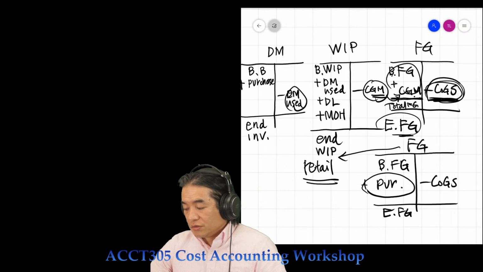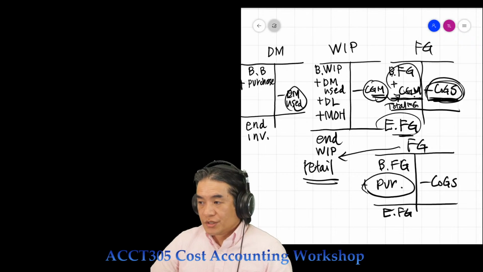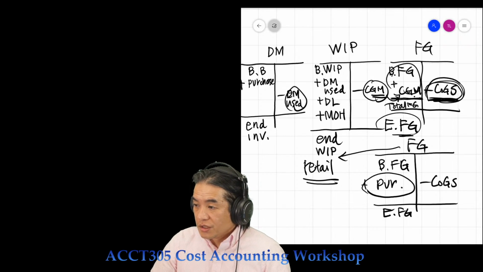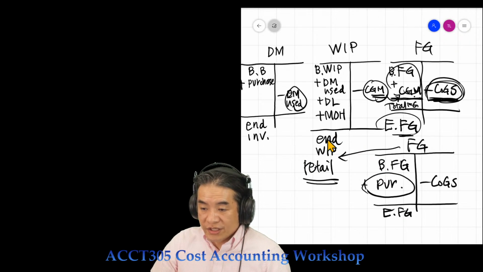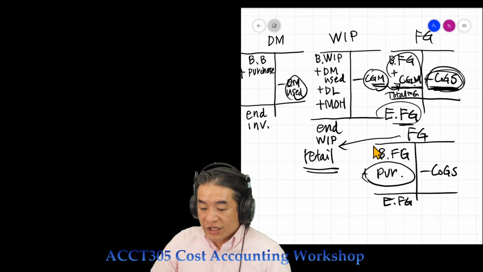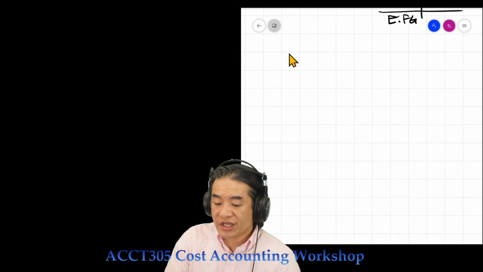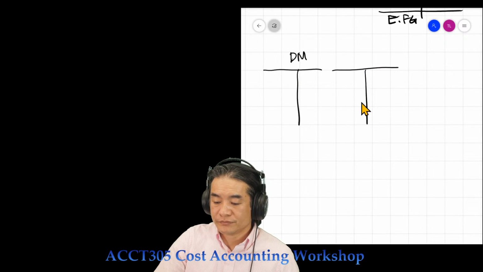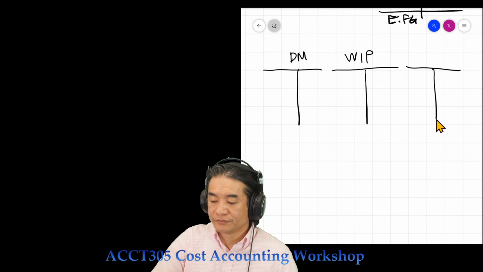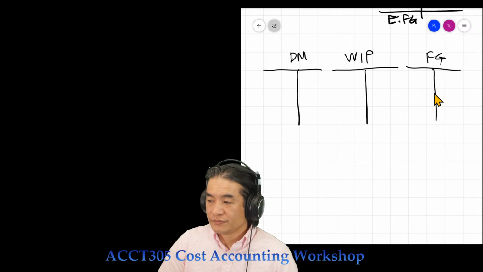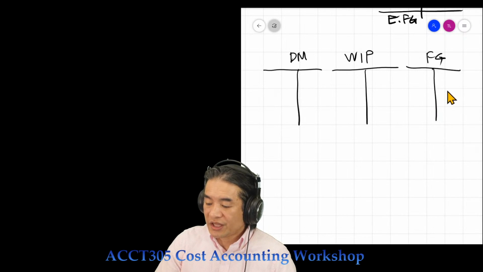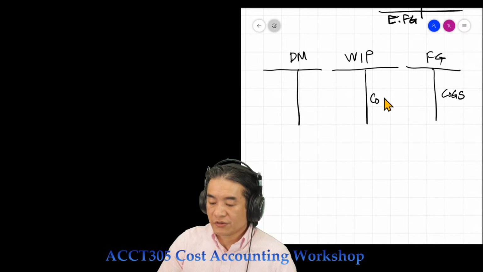Okay, so for the exercise or when you're taking exams, if you see any kind of cost of goods sold schedule, or you calculate any item in the cost of goods sold, the best way to do that is just draw 3 T accounts side by side: DM, WIP, FG. And we know the thing transferred out over here is COGS. The thing transferred out here is COGM, cost of goods manufactured.